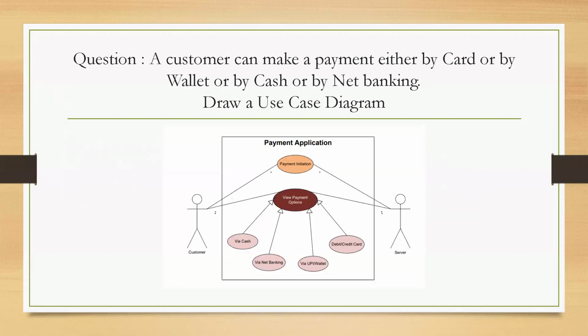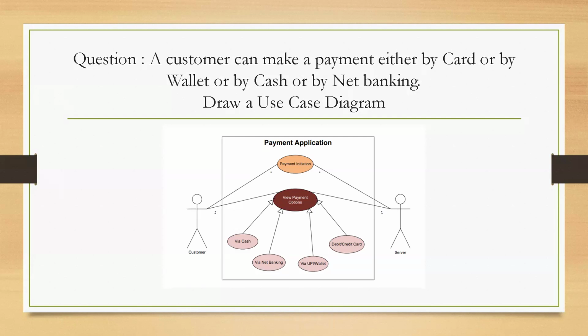While coming to the first question, a customer can make a payment either by card or by wallet or by cash or by net banking. Okay, so this is the concept that you need to consider throughout the project.